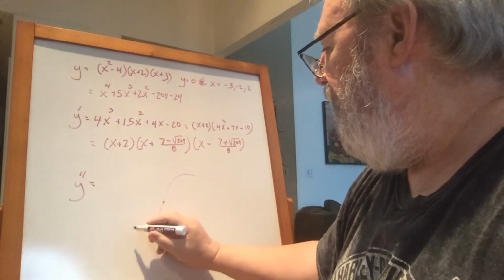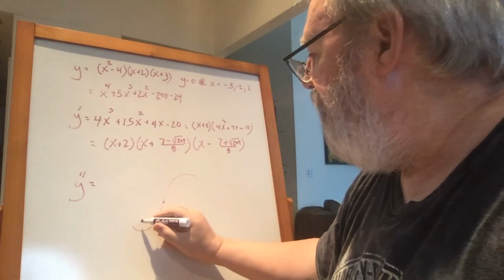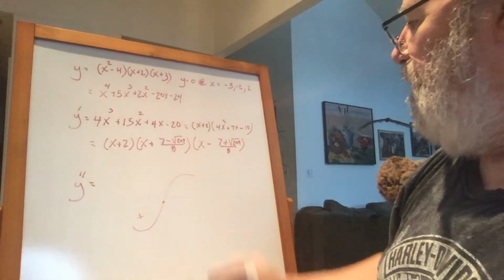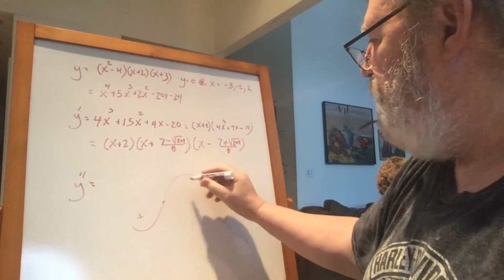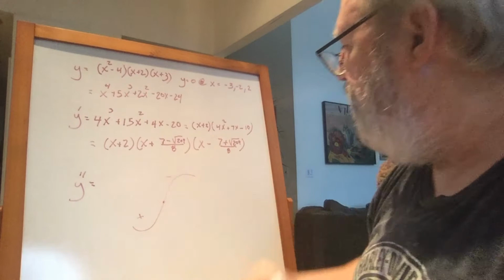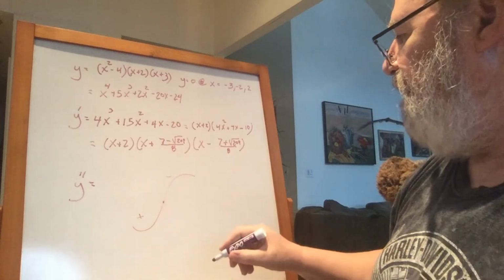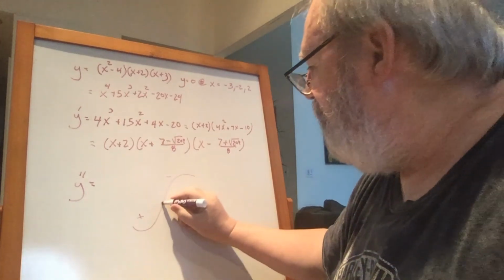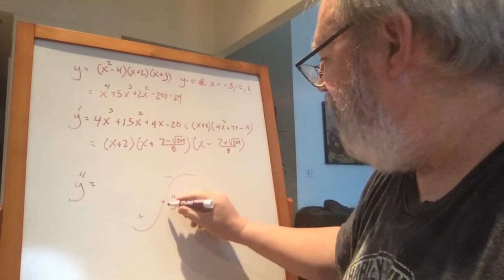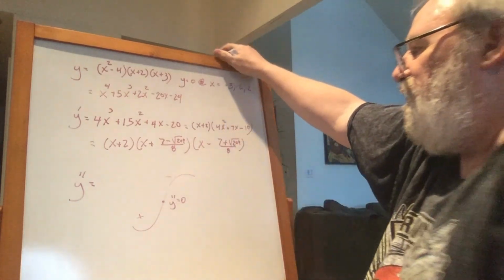Here it's cup shaped, so y double prime will be positive there. Here it's domed or rounded over, so this would be negative in that area. This is where y double prime equals 0. That's where the change takes place.